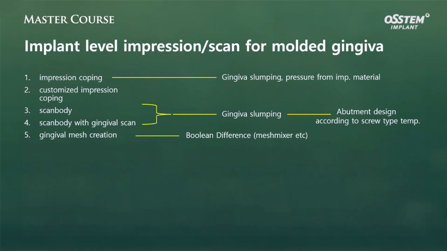Now, the implant level impression or scan used for the final abutment is what I talked about. But besides that, for the final crown to be delivered, if you take the abutment in and out, that could impact the gingiva margin. So abutment level scans or taking an impression there would be best.